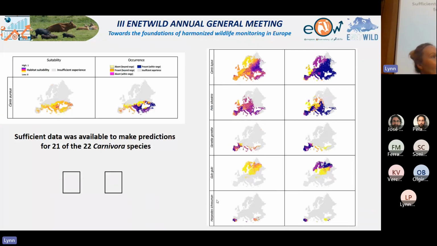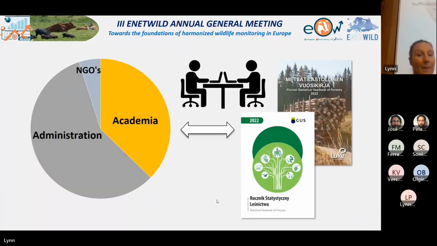So you can see that we can predict about other species, even if we don't have really good resolution data, if we don't have good quality information, we can give an idea about the availability of the habitats for different species and their occurrence, even though they are sometimes not reported in those hunting statistics or yearbooks.